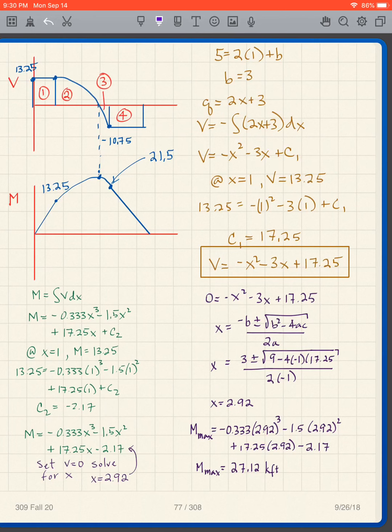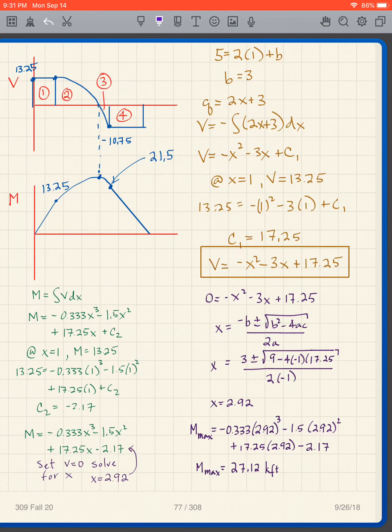I note that I'm going to take this point over here, which is x equals 1, V equals 13.25. I plug it in, and I solve for c1, and I get c1 equals 17.25. And so the expression for V is that.